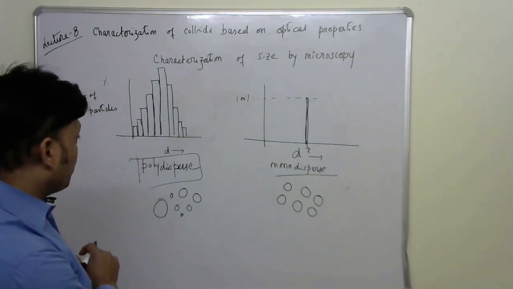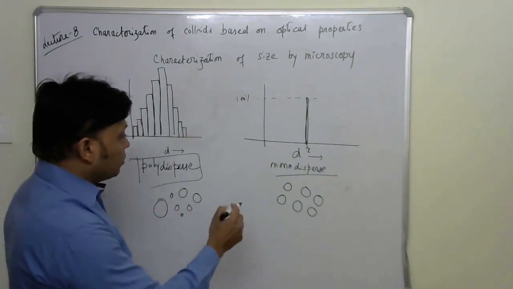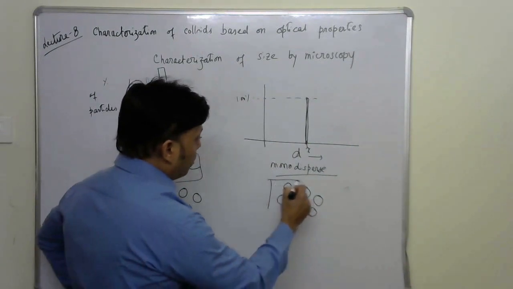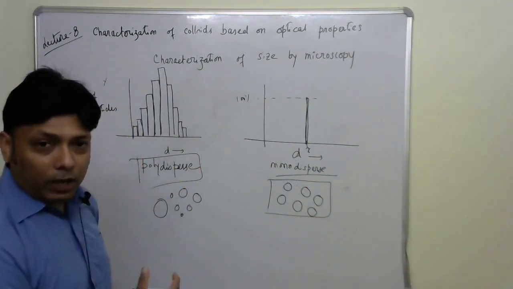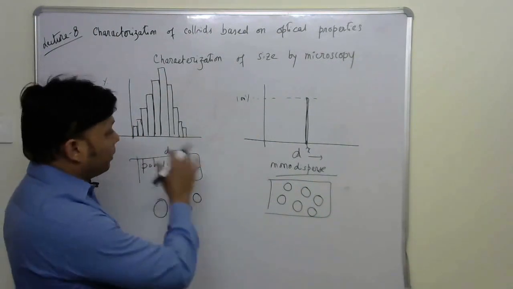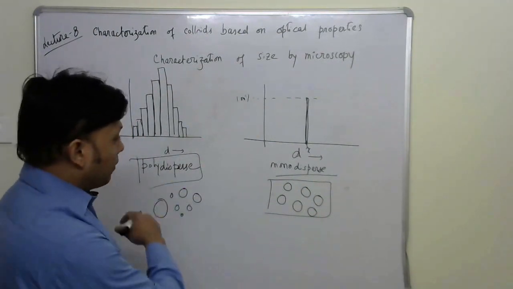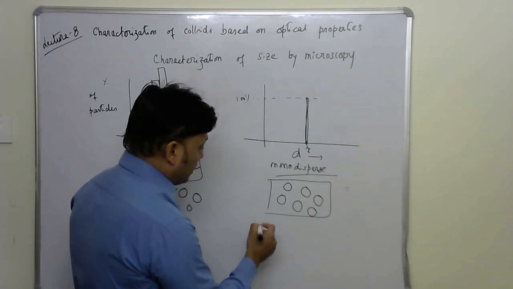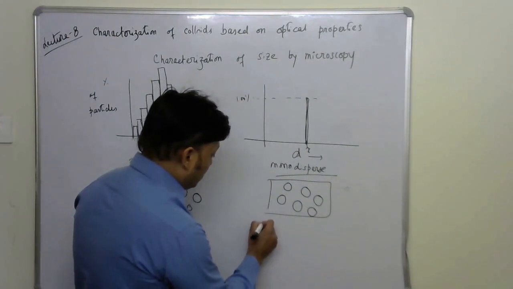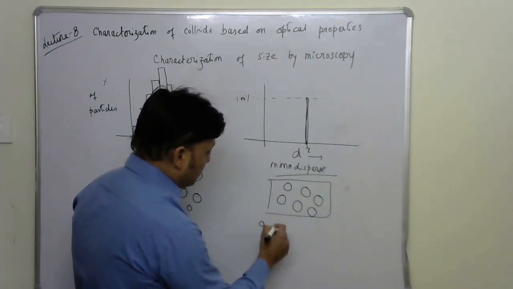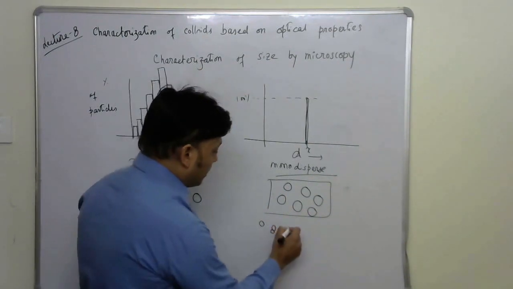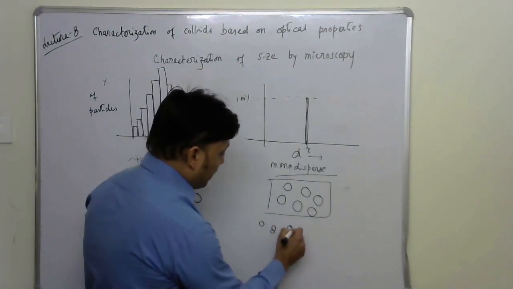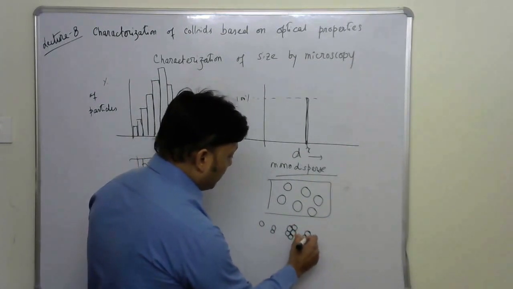But also think about this: even if we originally have monodispersed particles, depending on their degree of aggregation, we can still have polydispersity appearing in the graph. What I'm trying to say is, suppose there is one particle here and particles of the same size; they may aggregate or agglomerate like that, and sometimes the aggregation is heavier, something like that.